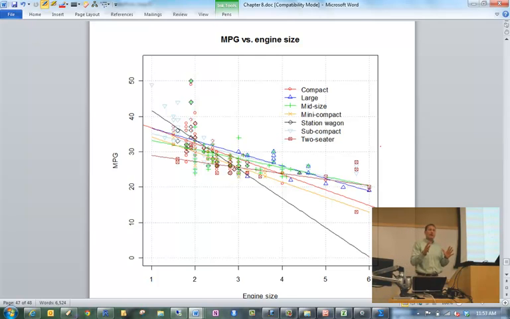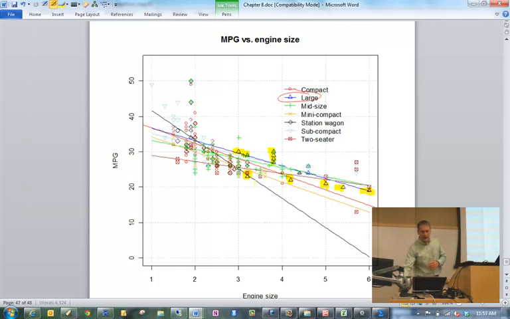Now, I admit that there's a lot going on in this plot, so it can be difficult to see, but generally speaking, if we focus on large cars here, here's some large cars, here's some, here's some. And you can see that, generally speaking, the blue line for large cars is going through the middle of those points.